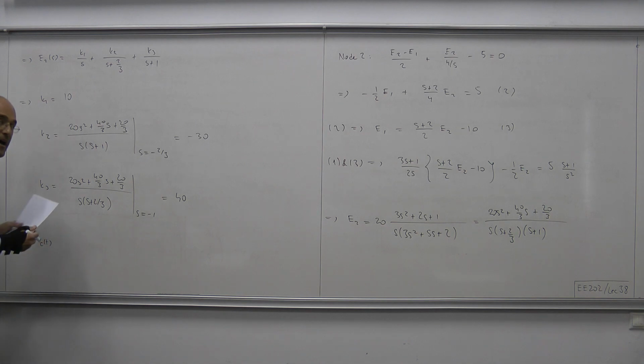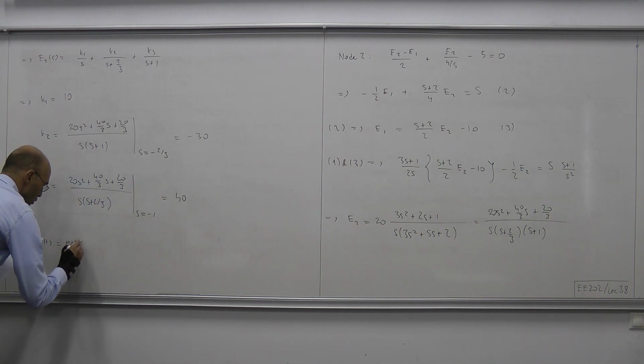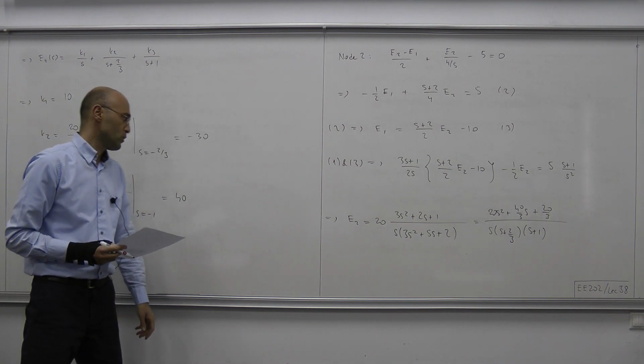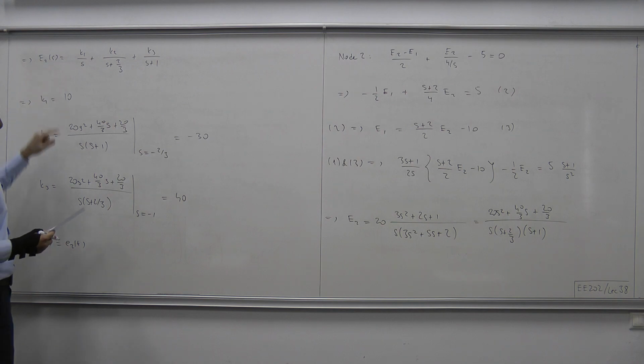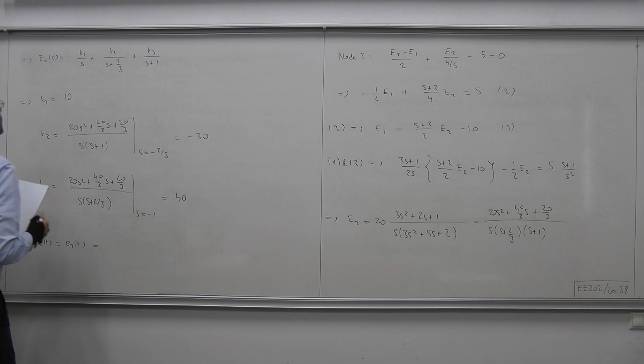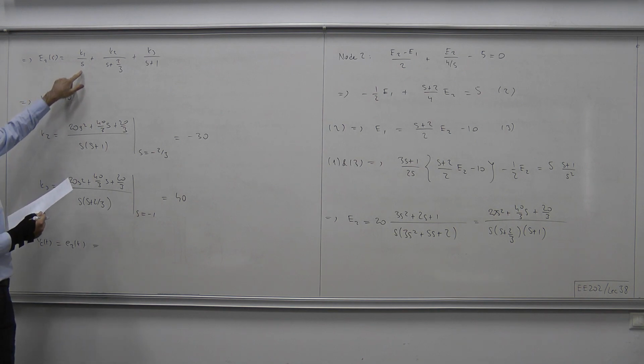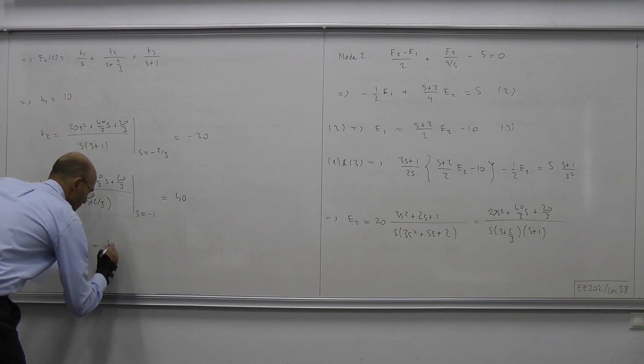So VC of t, which we were asked for, equals E2 of t, our second node voltage, whose Laplace transform is here. And we have figured out the residues. Therefore, E2 of t equals, this produces the constant term. K1 is 10, so we have 10.